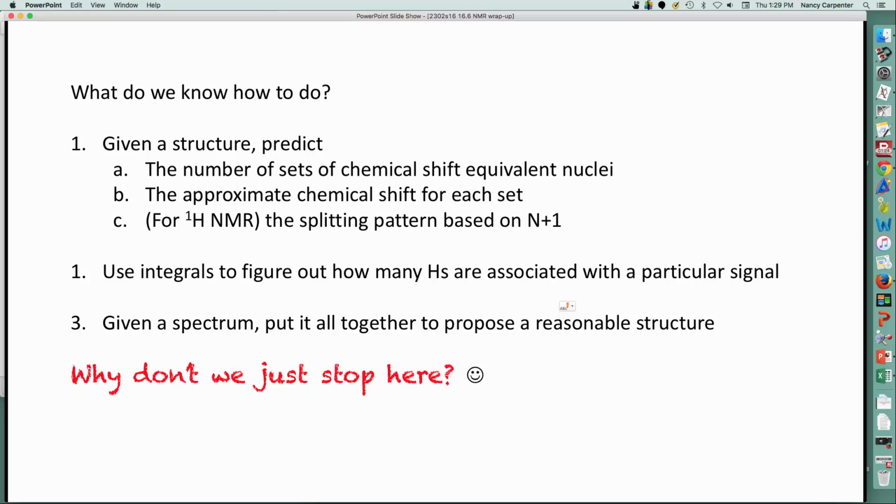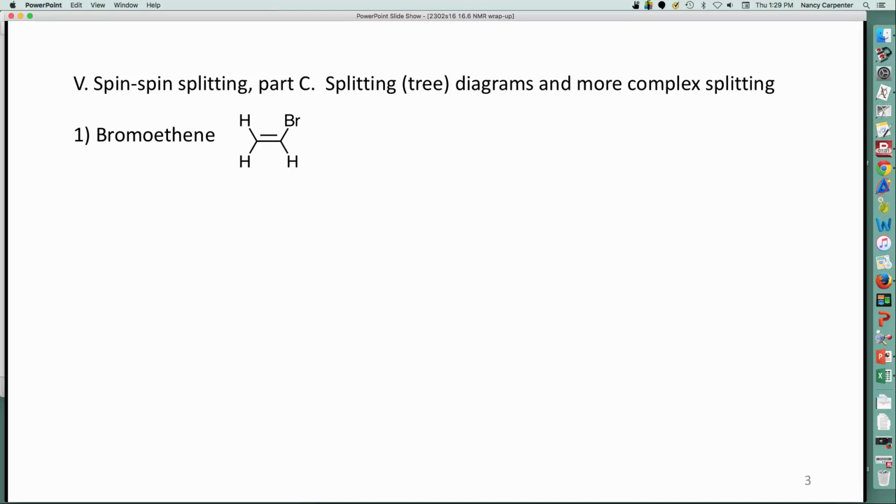Because most of the stuff that we see in reality is not that simple. So for example, there are a lot more complicated splitting patterns in proton NMR.